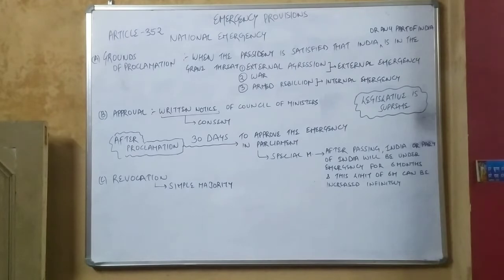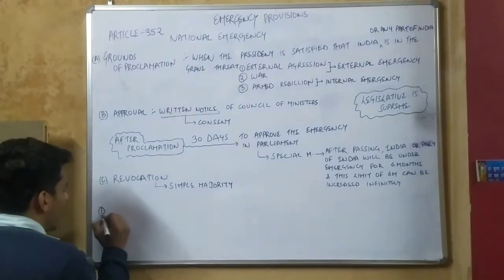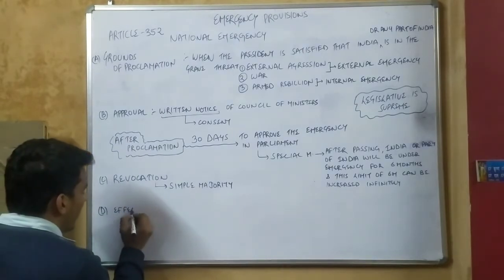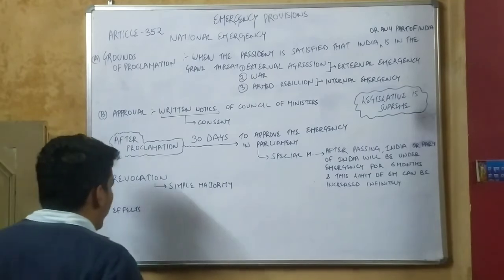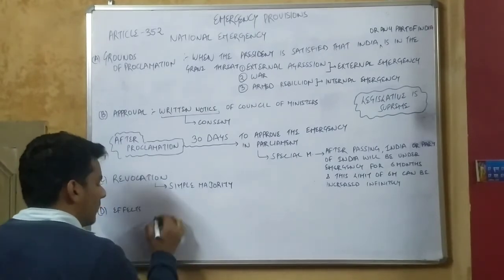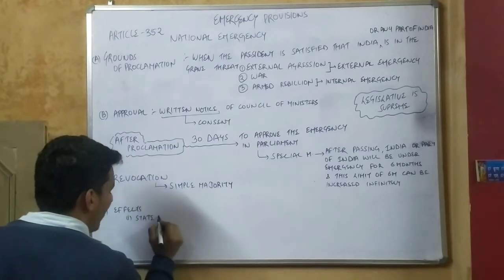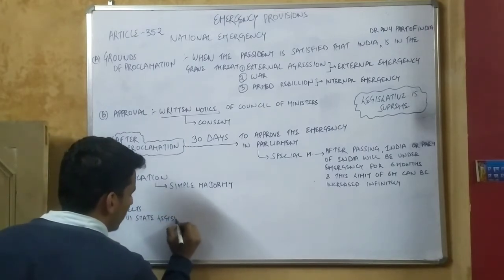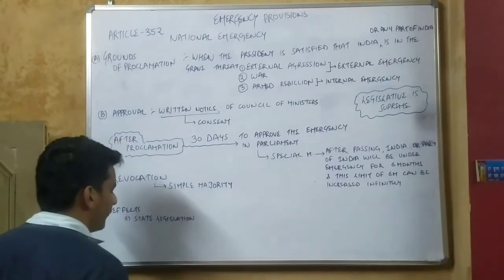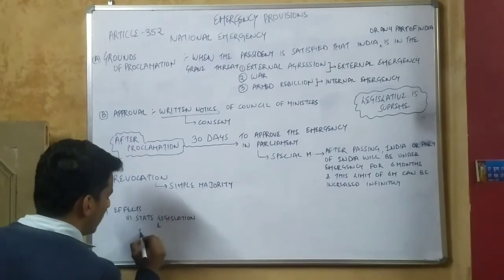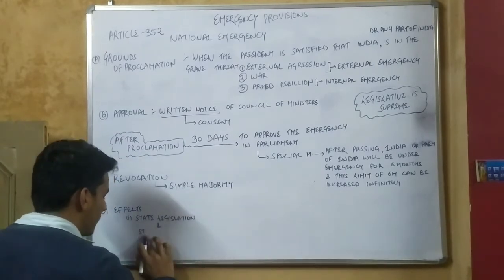So what will be the effects of it? We have already seen the effects, and we are watching the effects now. There are a lot of effects. First we have the effect on state governments, the state legislature and state executive powers.